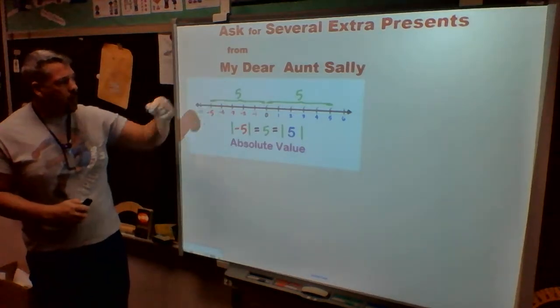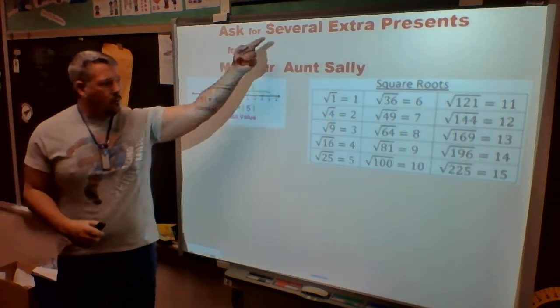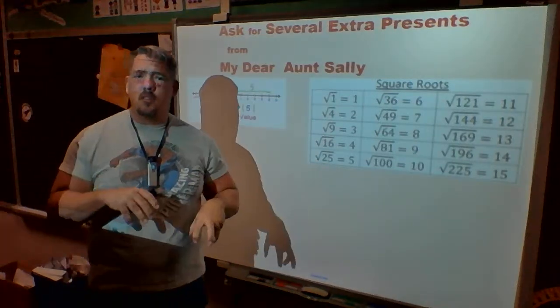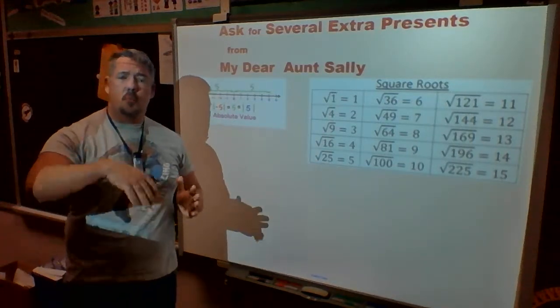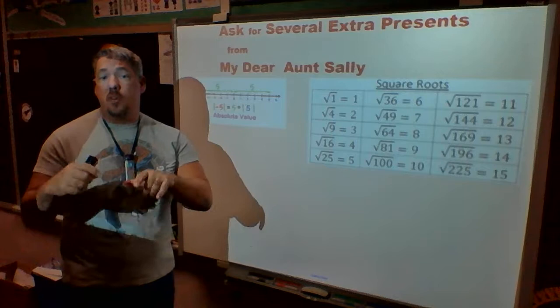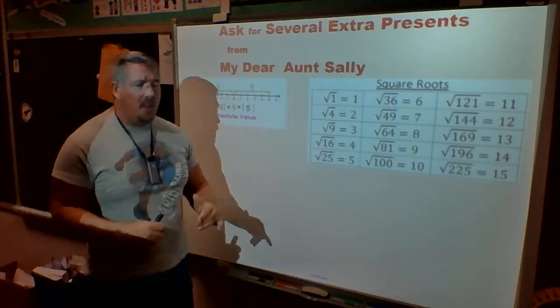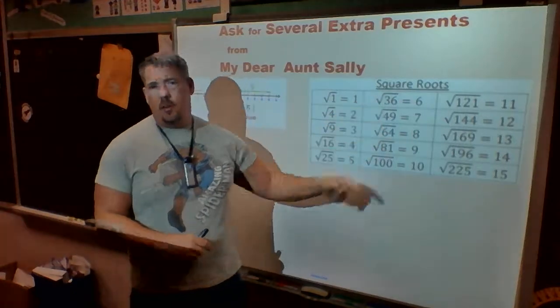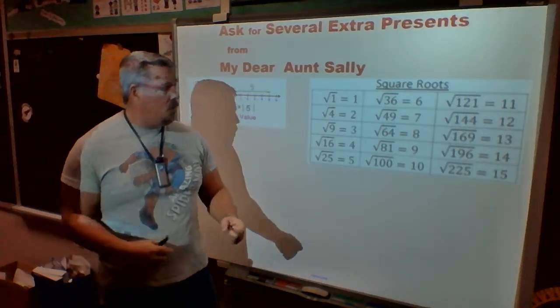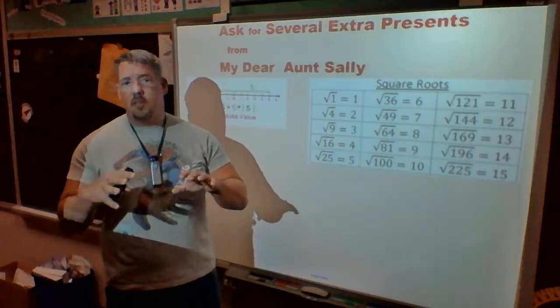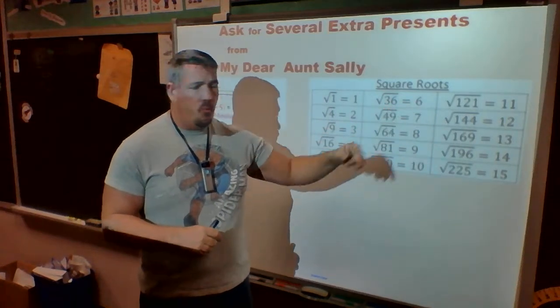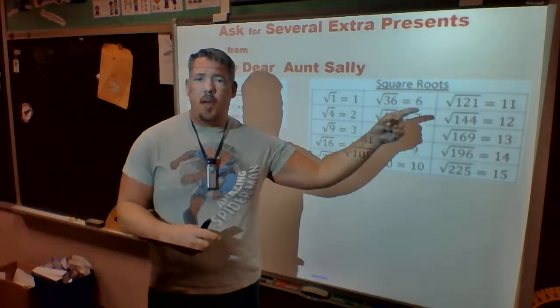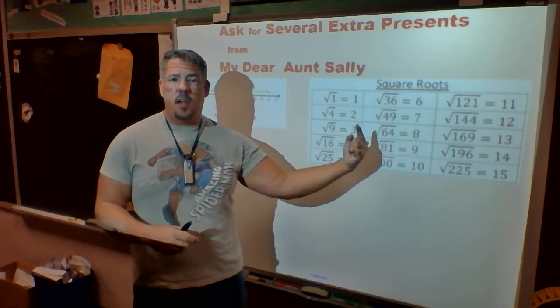So asking for absolute value for several square roots. Now, we haven't gotten into square roots yet, but some of you are going to start this week and next week on Moby Max with square roots. And square roots means what number times itself, inside of this crazy looking division box, equals this number. Such as 36, well, 6, if I multiply it by itself, I get 36.